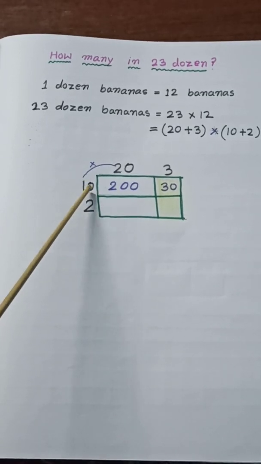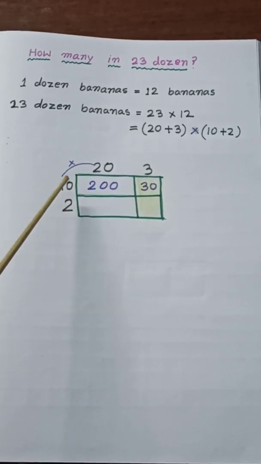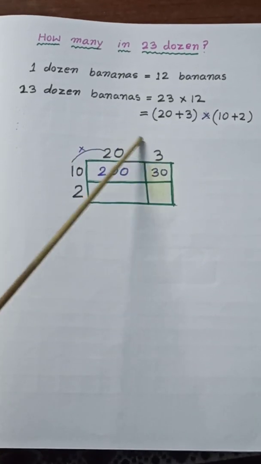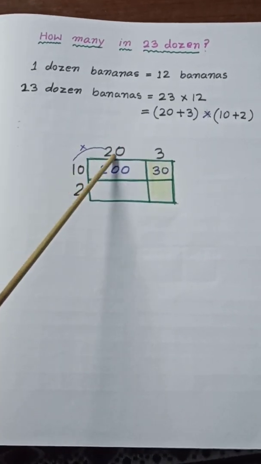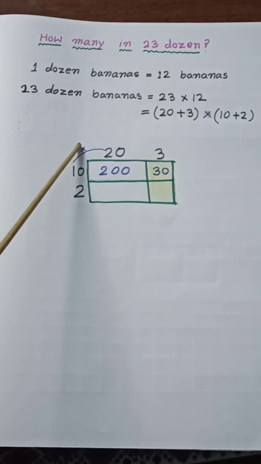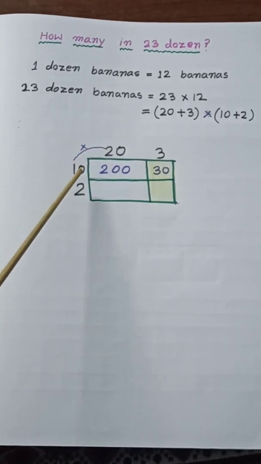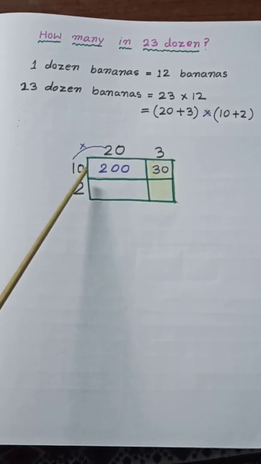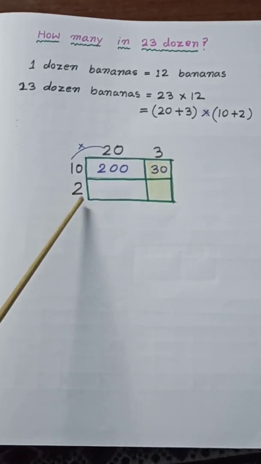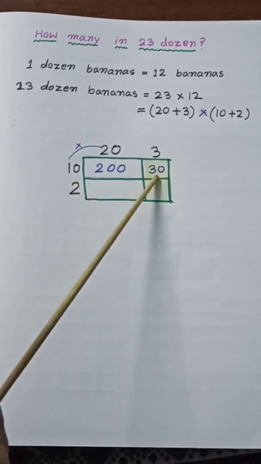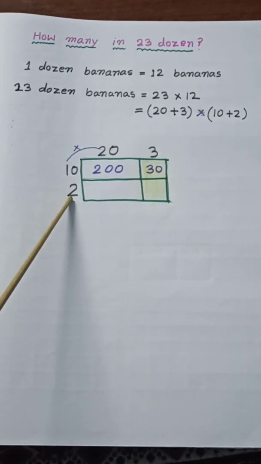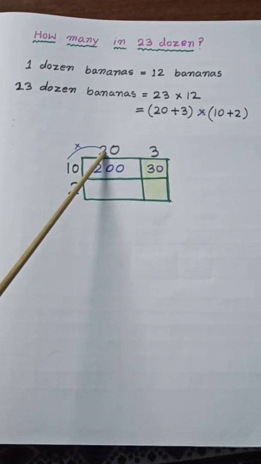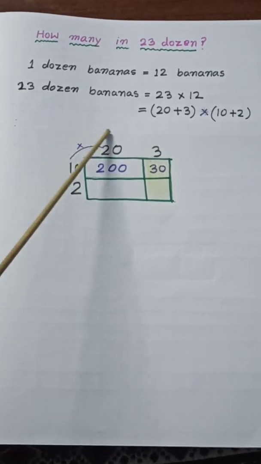Now what do we do, children? After that we multiply 10 by 3. After multiplying by 20 we start to multiply 10 by 3. So 10 threes are 30. Now we see here number 2. Again the same method we will do here, meaning we have to multiply 2 by 20 and then 2 by 3.